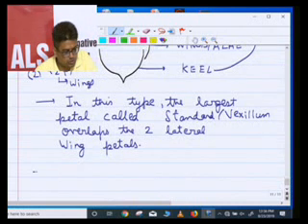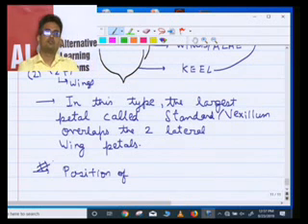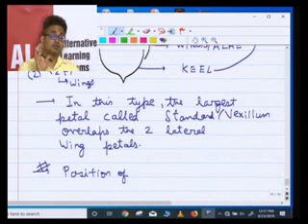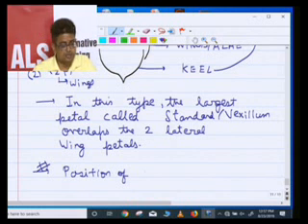And the position of the standard is on the posterior side. This is an important point. Whenever a question becomes quite common and important, the attention of the examiner focuses on small, minor points. For example, this is a minor point I am saying here.